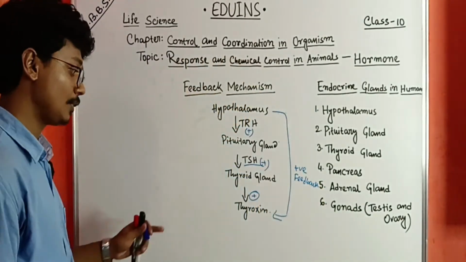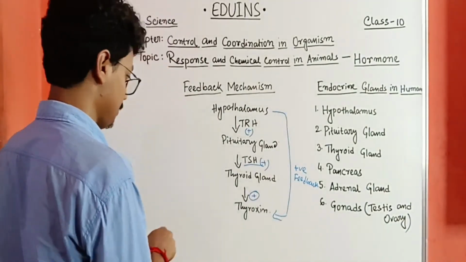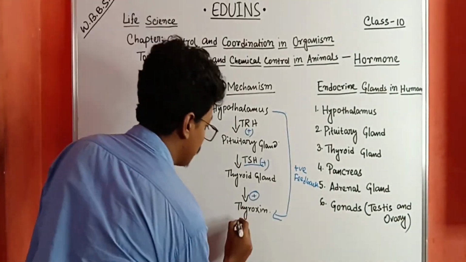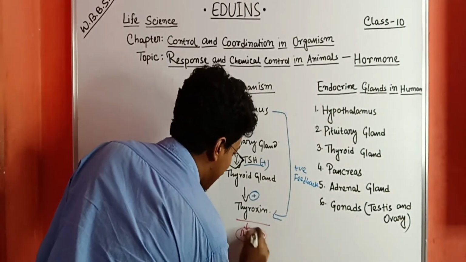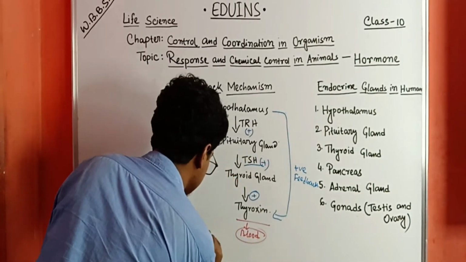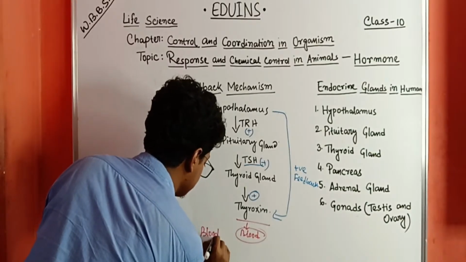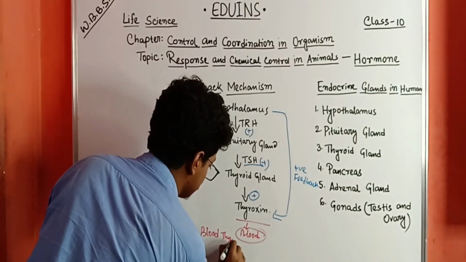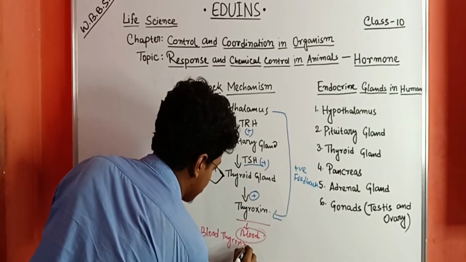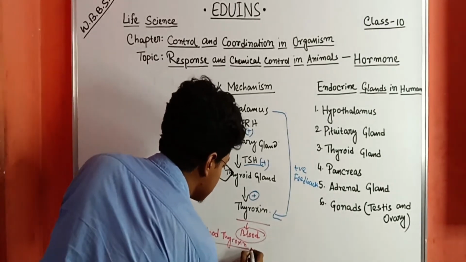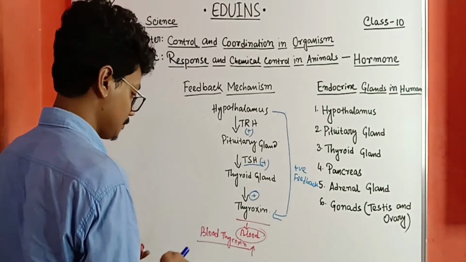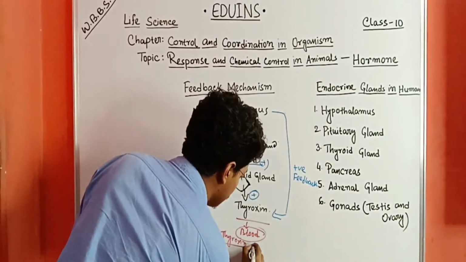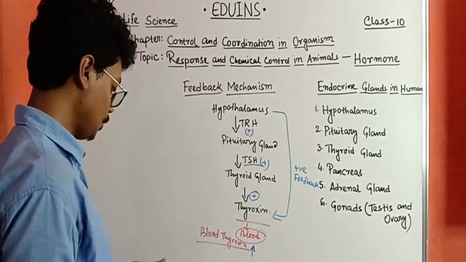Okay. What happens is that this thyroxine is released to the blood, and the blood thyroxine level increases.